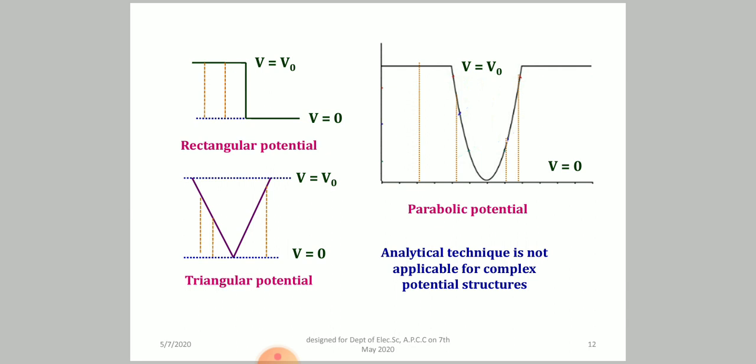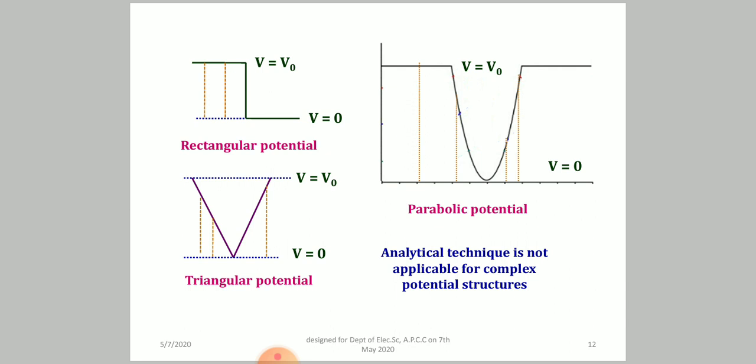Now, the question will be, why, sir, are you dealing with the triangular well? It's very simple. For a MOSFET, the channel is triangular. It's never rectangular. So we have to deal with it. Look at the parabolic, or I will come to the Gaussian later on. Again, it's very complex. Even the triangular has a good linear function, but the parabolic is a non-linear variation of the barrier material.